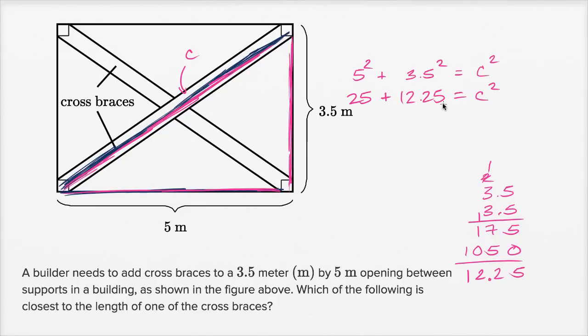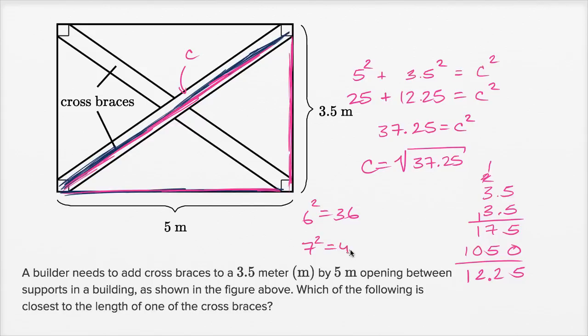So 25 plus 12.25 is going to be 37.25, which is equal to c squared. Or we could say that c is equal to the square root of 37.25. Now let's think about what this is. We know that 6 squared is equal to 36, and we know that 7 squared is equal to 49.